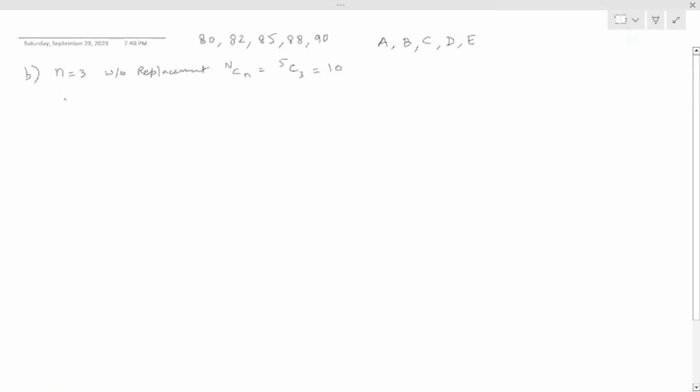So now we'll list the samples in alphabetical order, that is A, B, C, then A, B, D, then A, B, E. We have taken the first two alphabets as A and B and keep on changing the third one.